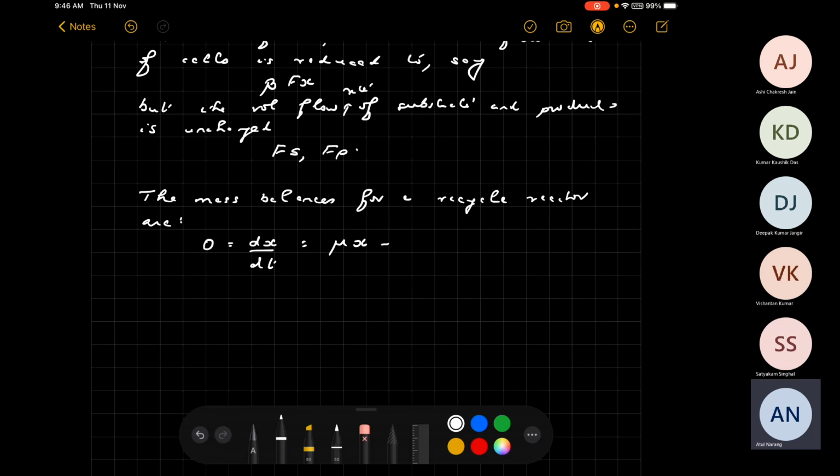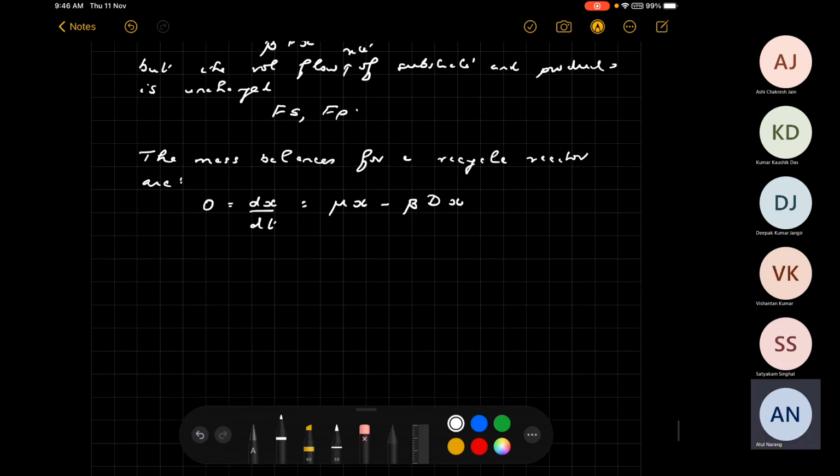But going out, you have not DX, but beta times DX. The other balances remain the same. This will be dS/dt, it was D times SF minus S minus rS times X. Nothing has changed. And likewise for the product, nothing has changed. It is dP/dt equals, this is minus DP and plus rP times X.